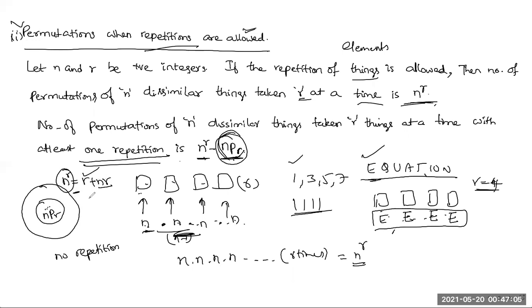But in this nPr, only non-repetitive. So when we subtract nPr from n power r, at least some repetition will be remaining, that is this part. Okay, hope you get it. It's in the form of a Venn diagram. I'm just trying to give you the concept behind it.